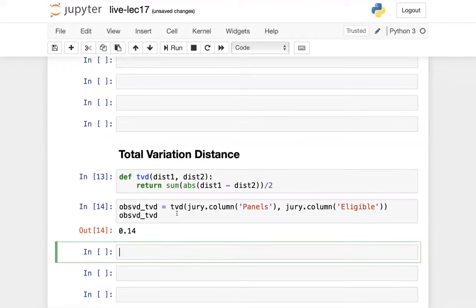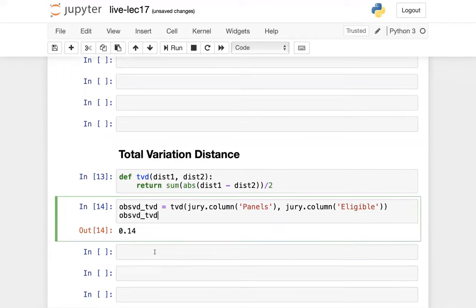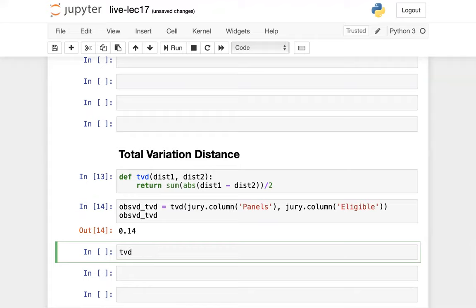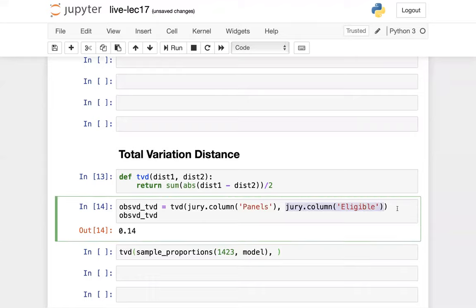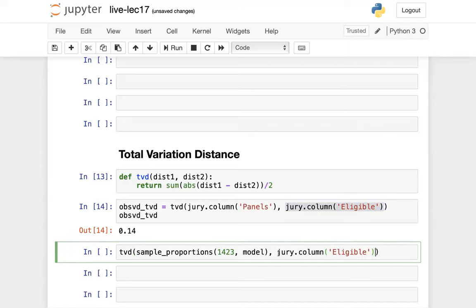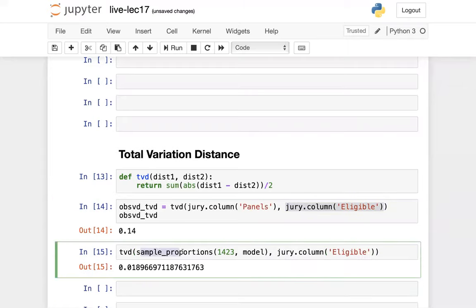And then we could also do the same thing, but see what happens when you take a simulated value. So we could do TVD between sample proportions 1423 and the model, which is the eligible population, and then compare that to the eligible. And so here we just did one simulated.